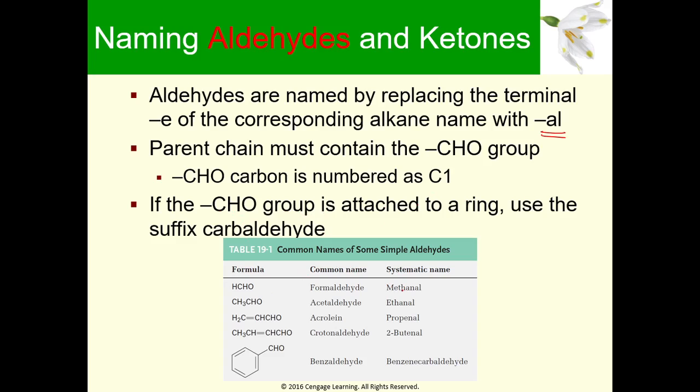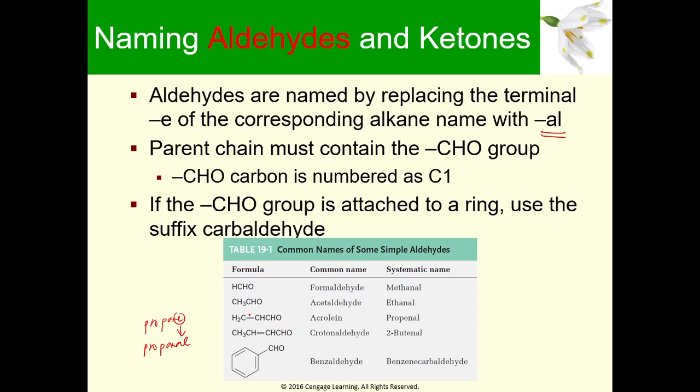So we have here some examples. Like this one, you have only one carbon here, so the name is methanal. You have two carbons here, so that's ethanal. And then this one has a double bond, so the name is supposedly propanal, since it's propane and we drop the E and it becomes al.